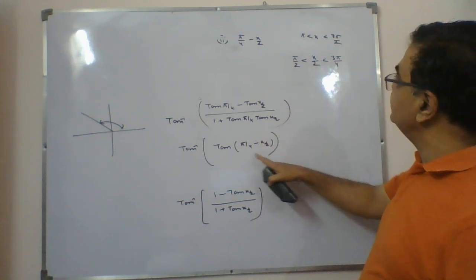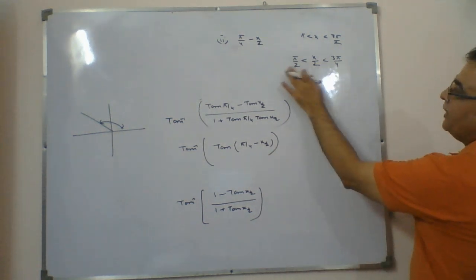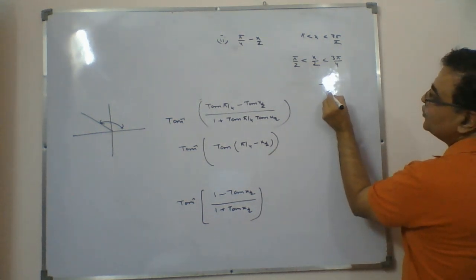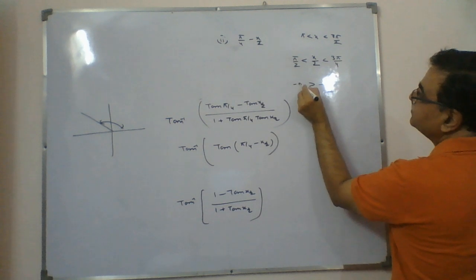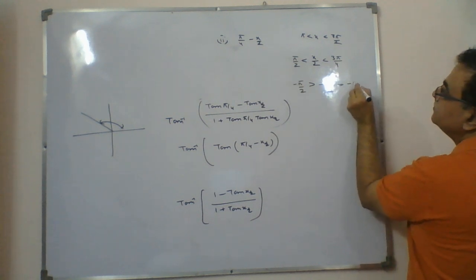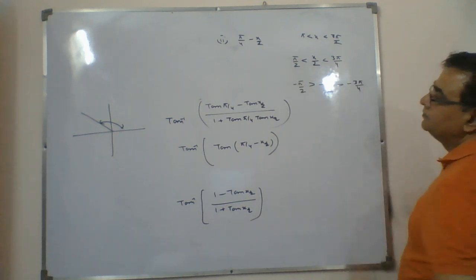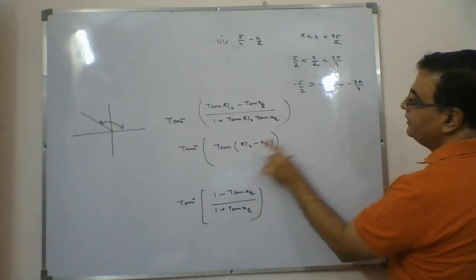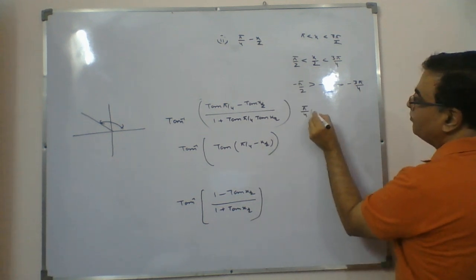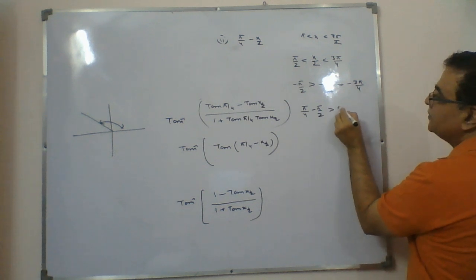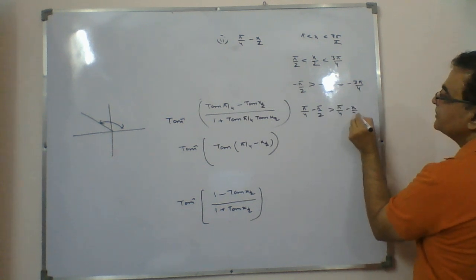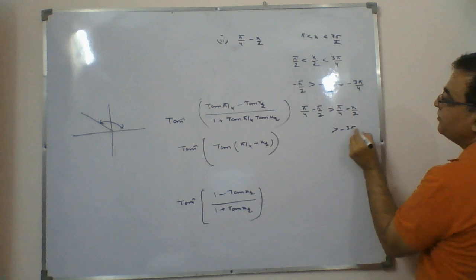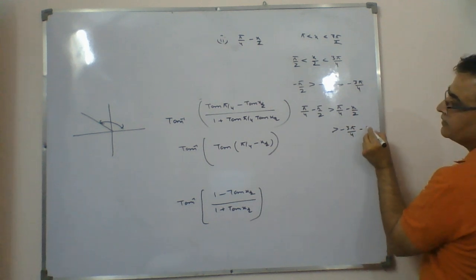Now we'll check where this angle should go. X by 2 is here, so if I take minus x by 2, it will reverse. We want pi by 4 to be added now, so I take pi by 4 minus x by 2, that is pi by 4 minus 3 pi by 4 to pi by 4 minus pi by 2.